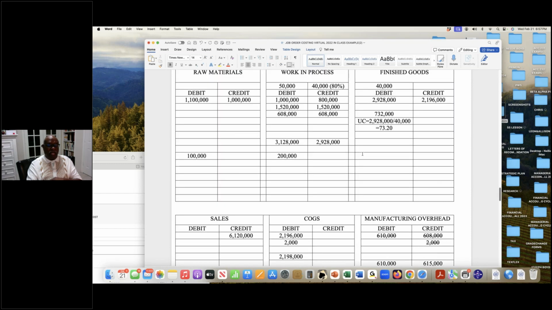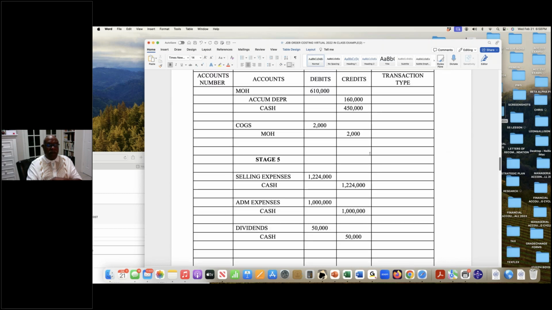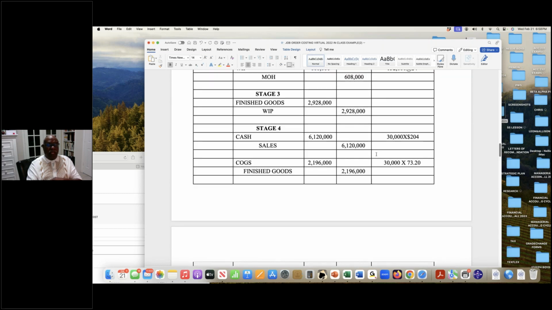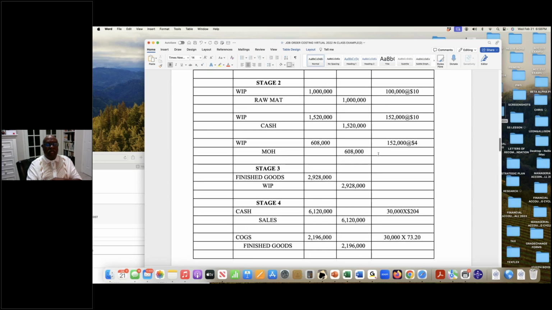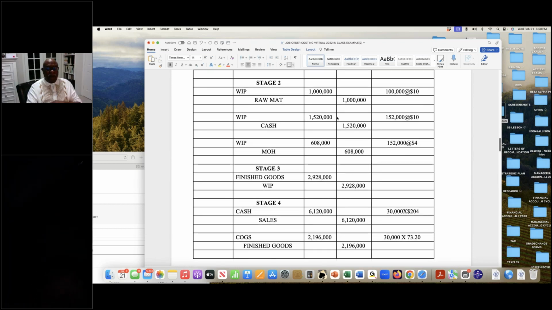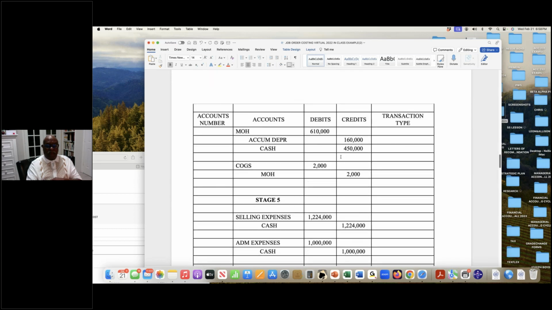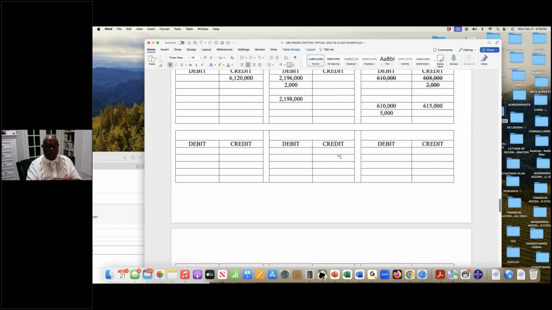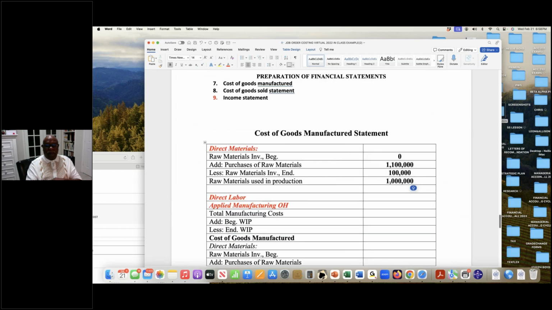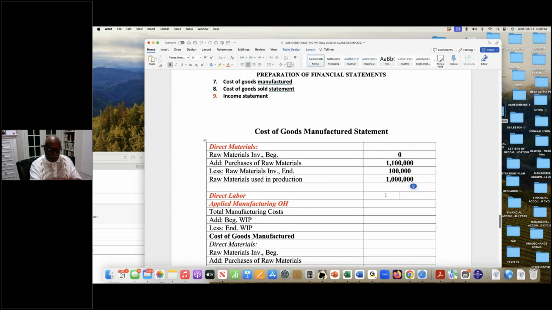Then we need the direct labor and the manufacturing overhead. If you will remember, in stage 2, we said the direct labor was 1,520,000 and the applied overhead was 608,000.